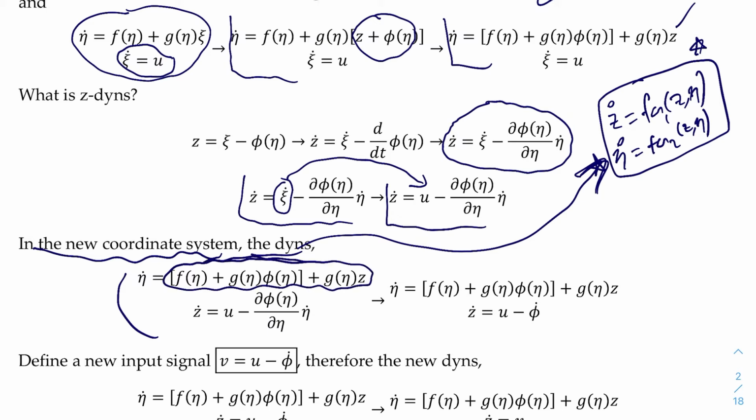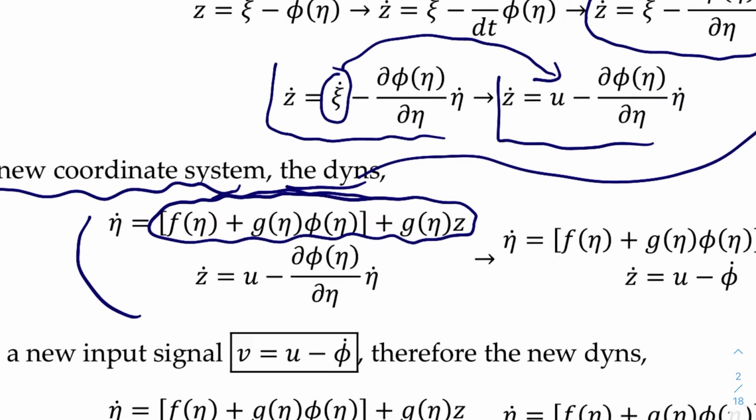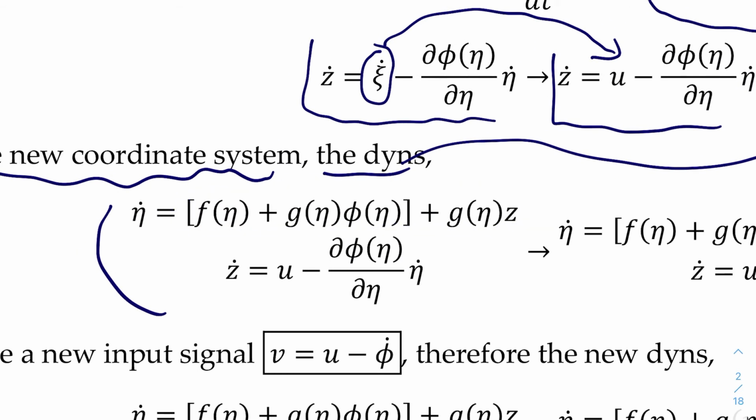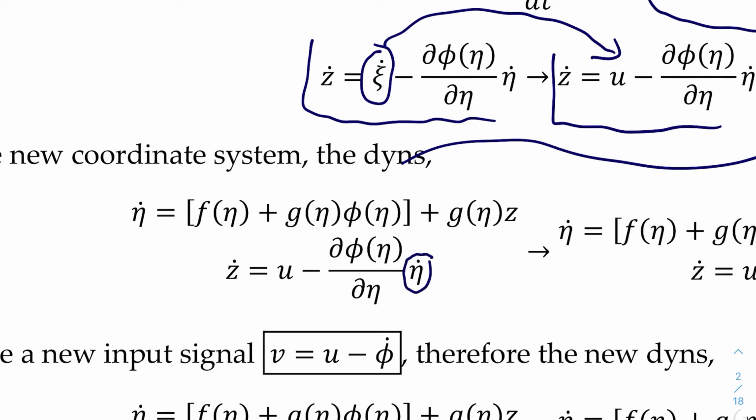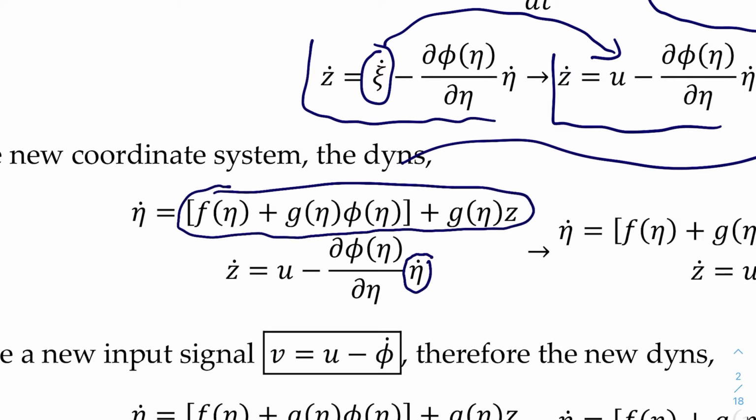Let me just tell you, a really long expression. Eta dot is this, and since this really long expression is a function of eta and z, this is a function of eta and z, and we know this is a function of eta.